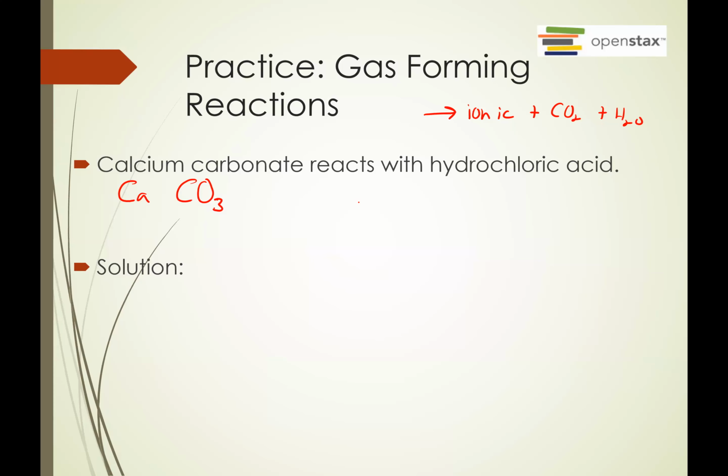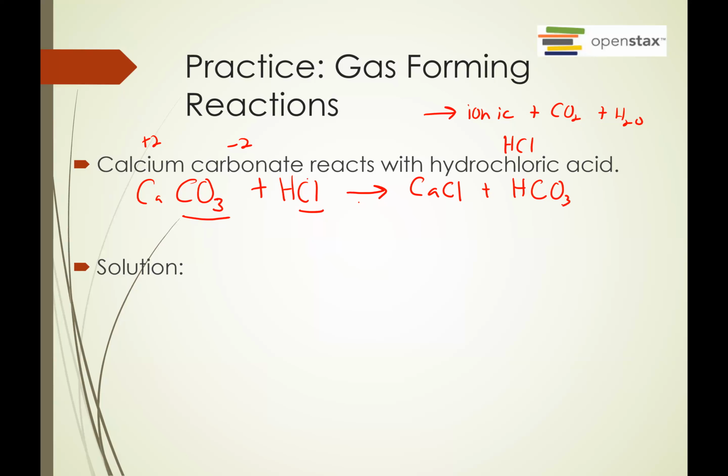Polyatomic ions, 2 minus. So we need CaCO3. Calcium's +2, carbonate's -2, so we're good. Plus hydrochloric acid. Remember, hydrochloric acid is HCl. If we do this just as a double displacement reaction, remember, whoever's first stays first. So Ca stays first and H stays first. The second two switch places. So Ca goes with Cl and H goes with CO3.